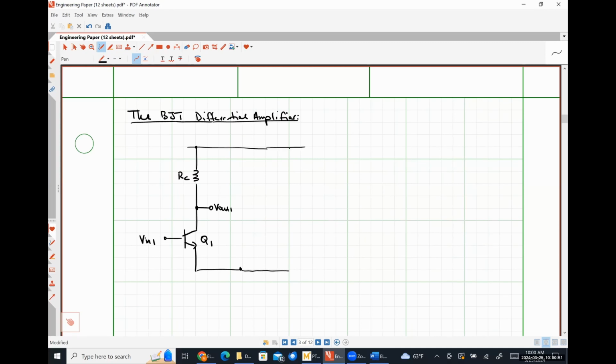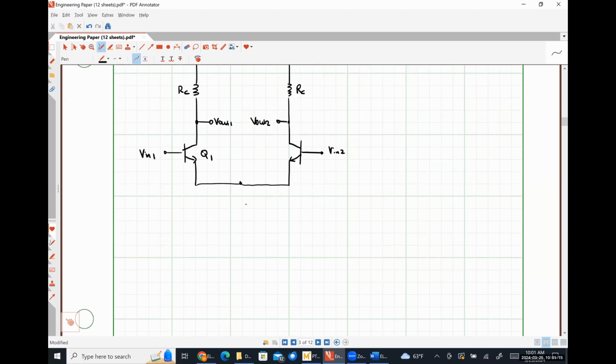And then over here on this side, I'm going to effectively just duplicate this circuit. Here's RC, V out 2, VN2.